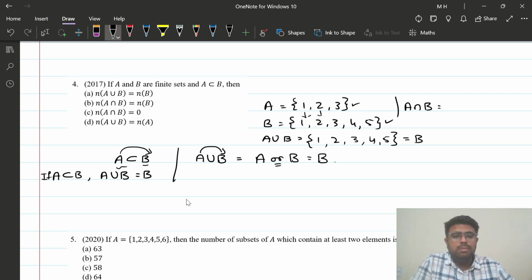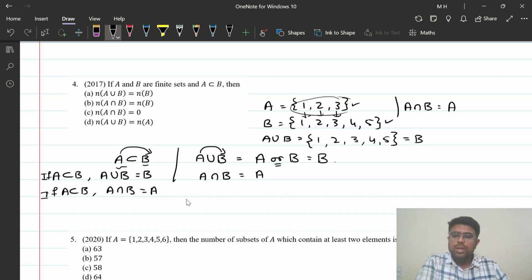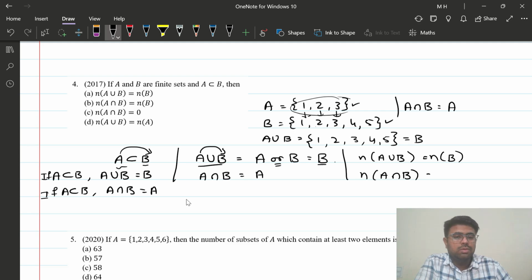Since all the elements of A are in B, it should be A because these elements will be common in both A and B. If you list down, it is 1, 2, 3, which is the set A. So I can also say that if A is a subset of B, then A intersection B is going to be A. So A union B equal to B and A intersection B equal to A. Since A union B and B are the same sets, the number of elements in A union B is equal to the number of elements in B. And the number of elements in A intersection B is equal to the number of elements in A. Okay, so I'll try to match the options now.